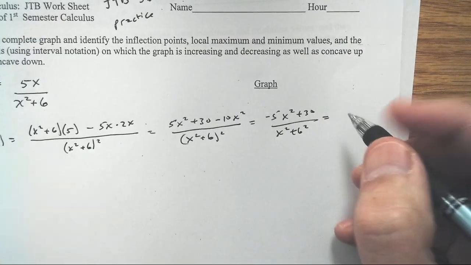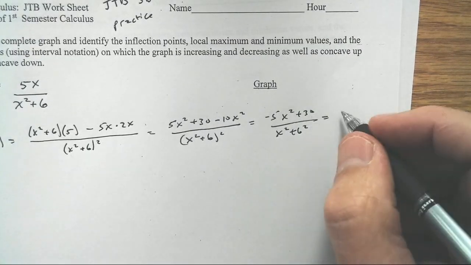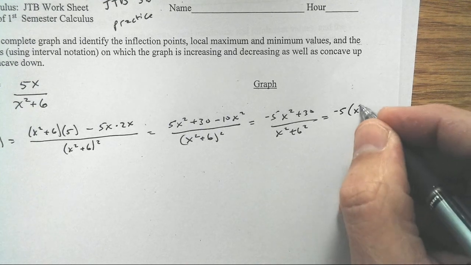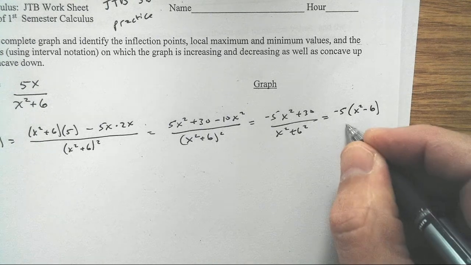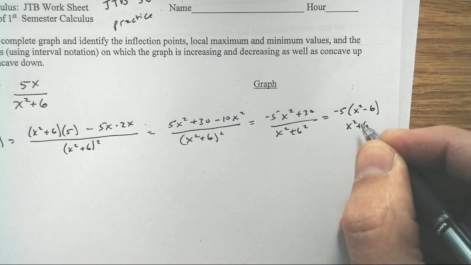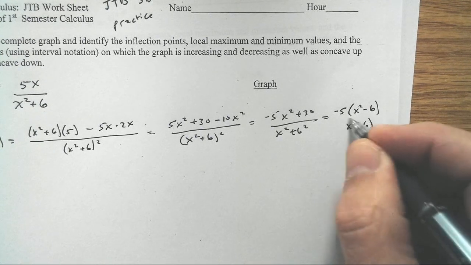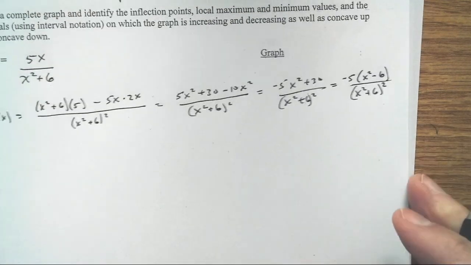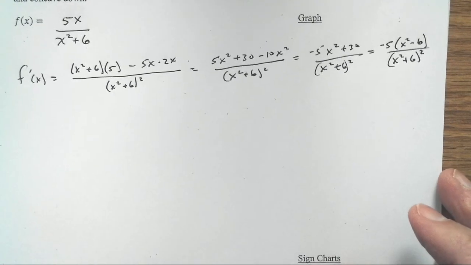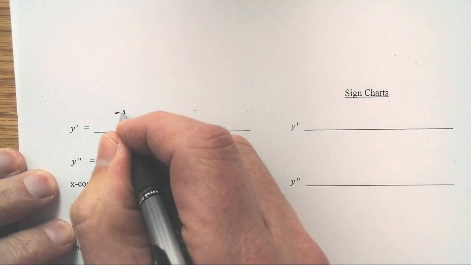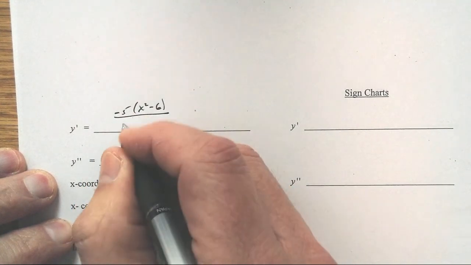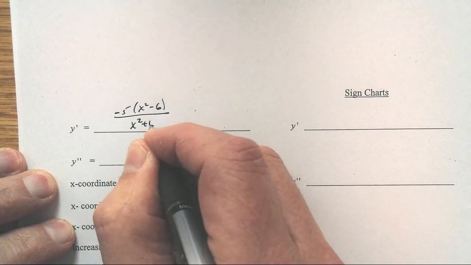Let's factor out that negative 5: negative 5 times x squared minus 6 on x squared plus 6 quantity squared. So, the most usable form perhaps for our derivative, I'm going to use that factored form: negative 5 on x squared minus 6, all on quantity x squared plus 6 squared.